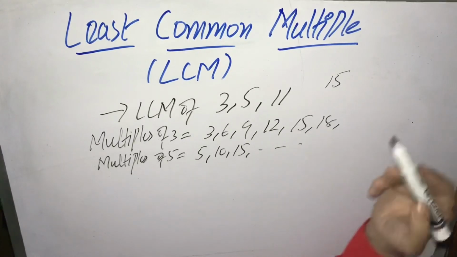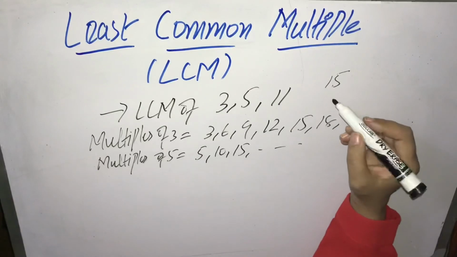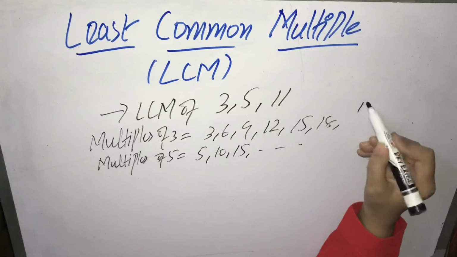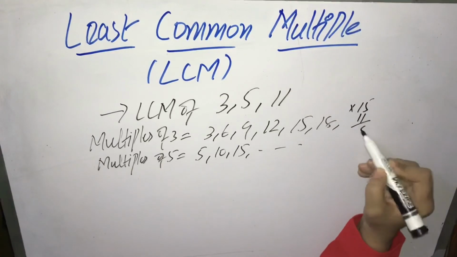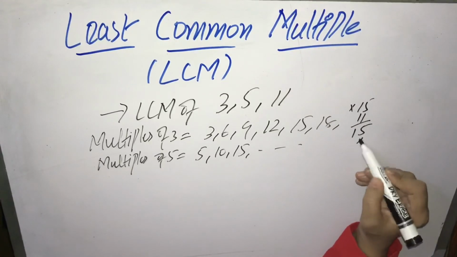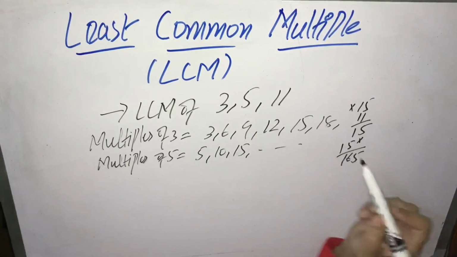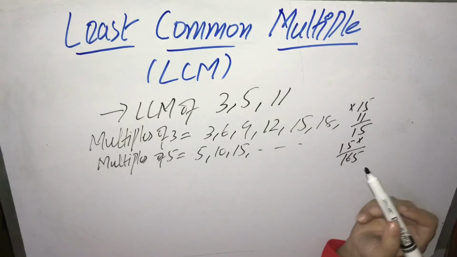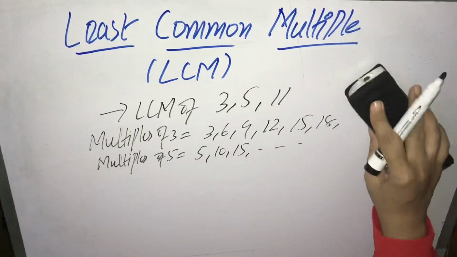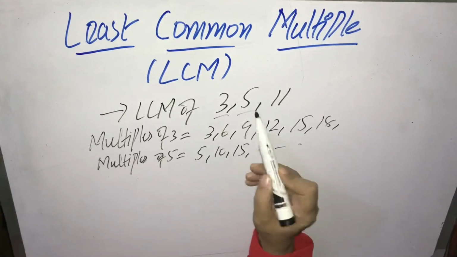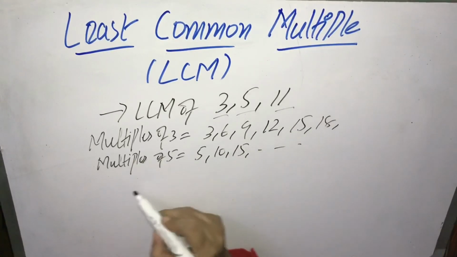So here we have 3 prime numbers. We can go till 5 3s are 15, 15 multiply 11. Their LCM will be 165. You can check, you can extend their multiples, and you can see the lowest common multiple of 3, 5 and 11 will be 165.